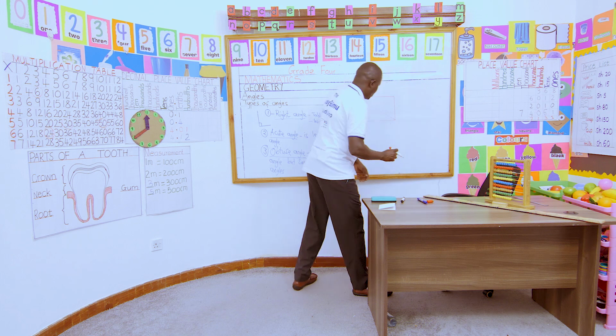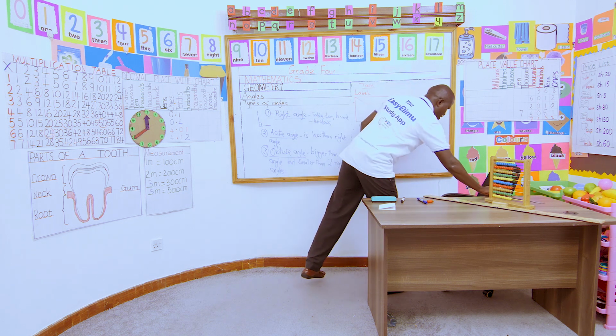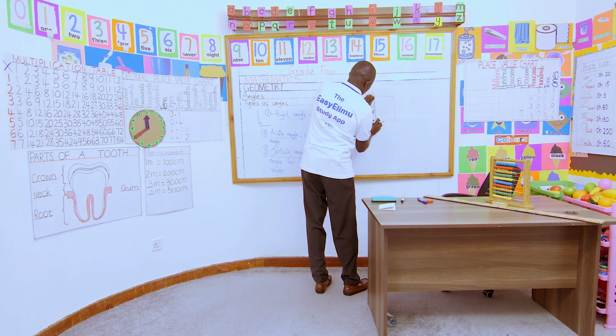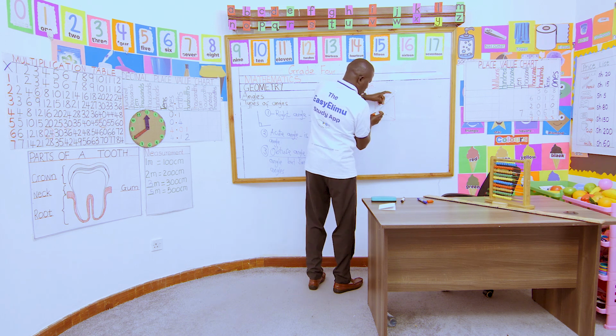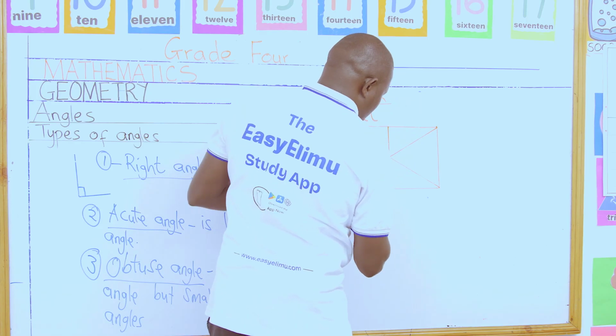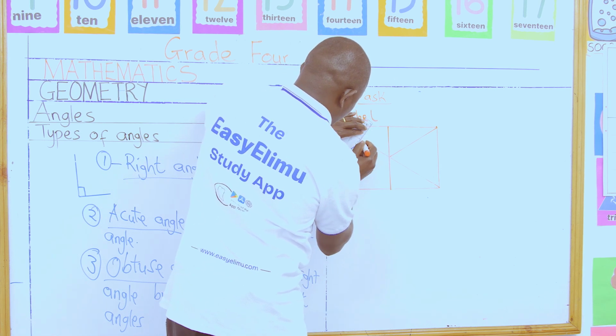Try to label these angles here with me. We have different angles here formed by these diagrams here.